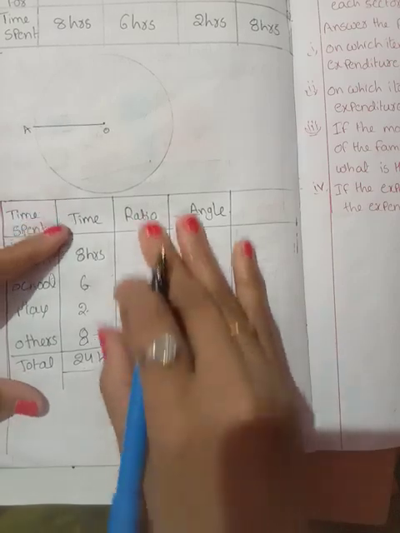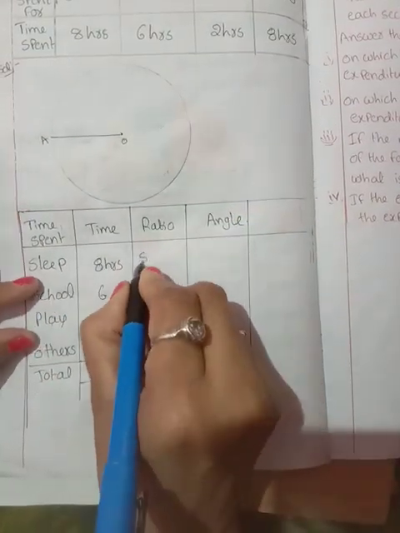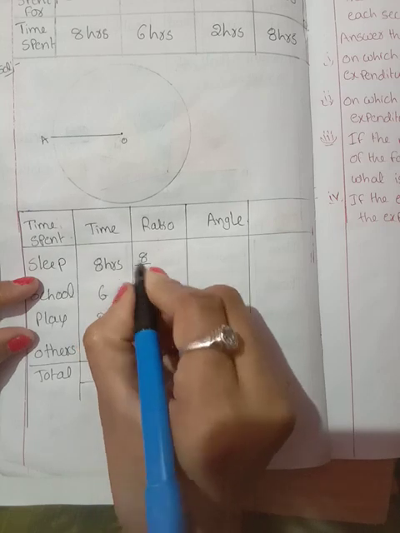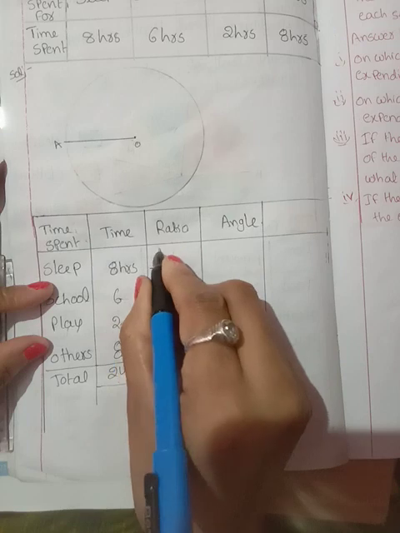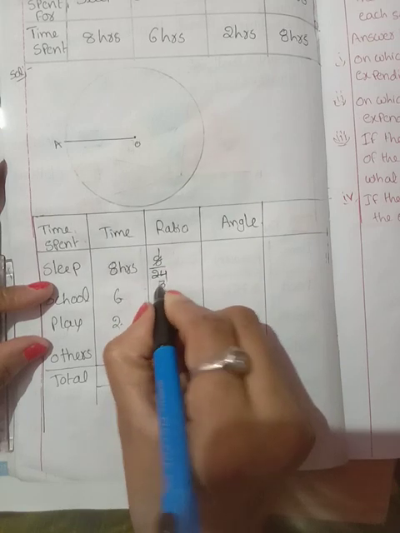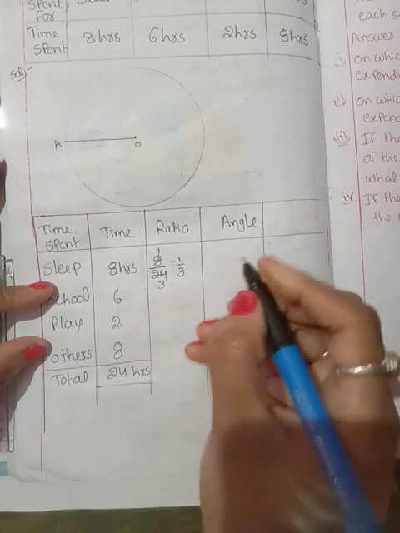Next, write the ratio. Sleep ratio is time by total time, 8 by 24. Dividing by 8, that is 1 by 3.